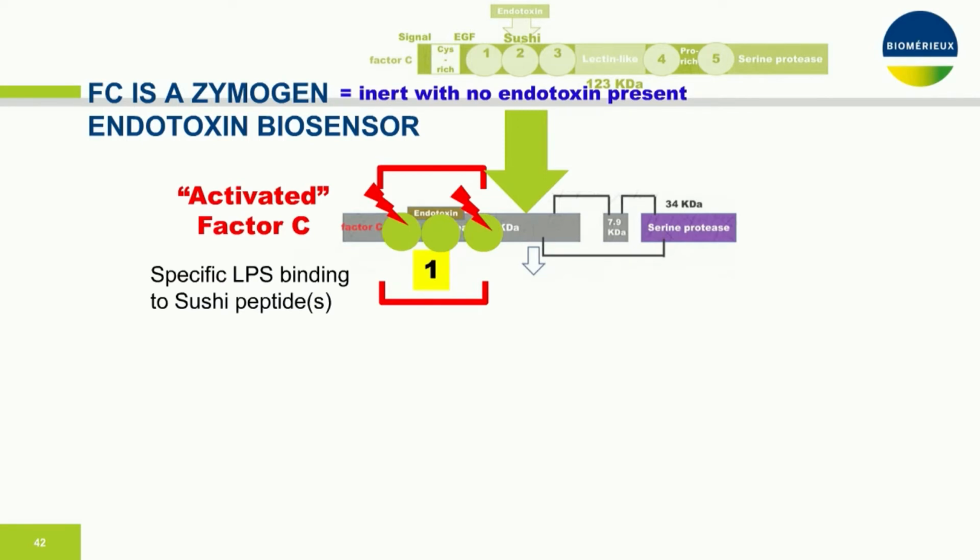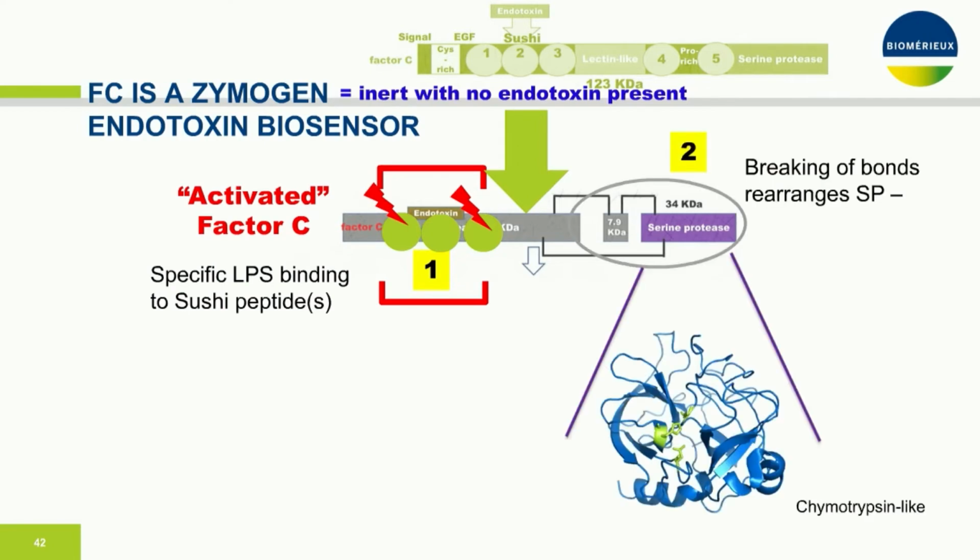When endotoxin binds the factor C molecule, it binds at a certain specificity in the sushi proteins, it's been shown. So this activates the zymogen to its enzymatic form. It breaks some bonds. It rearranges the serine protease on the other end of the molecule, and this chymotrypsin-like activity then exposes an active site.